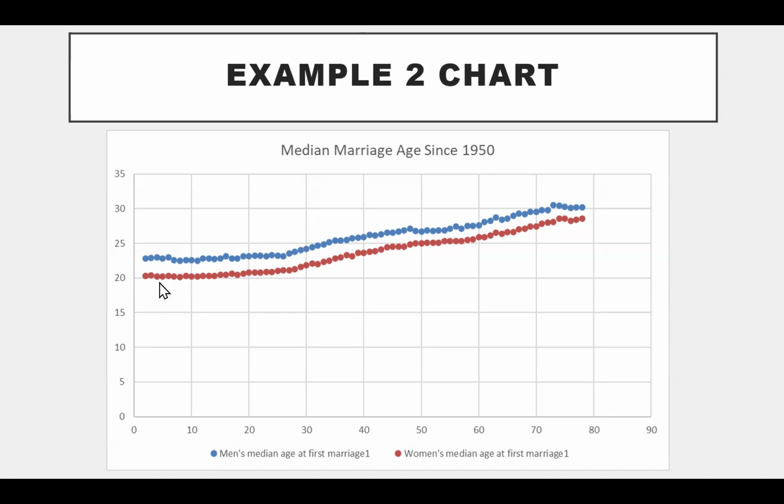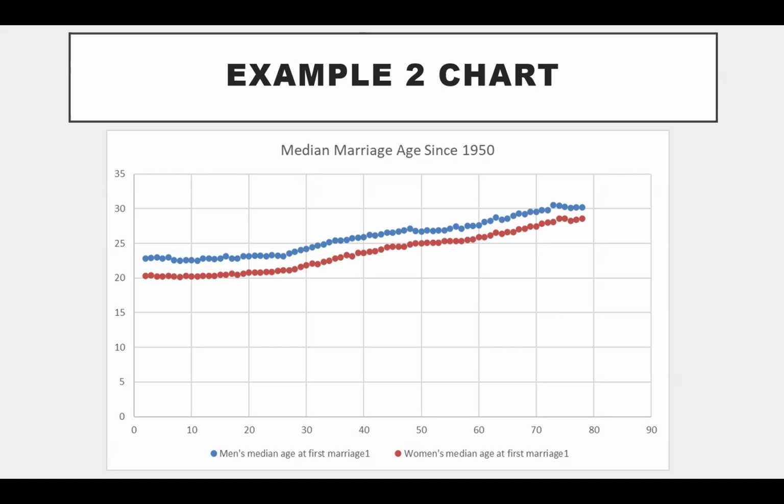And for the women's, you get this pattern in red. So they're just slightly different. Men is just a little bit higher than women, but we can come up with a model for both the men's median age at the time of their first marriage and women's median age at the time of the first marriage.